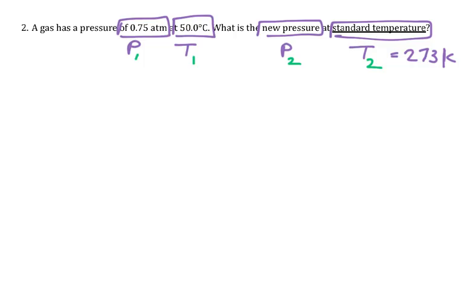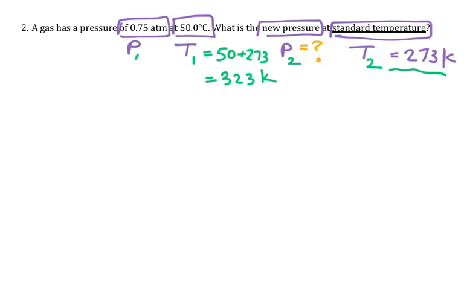We need to make sure our temperatures, anytime we're dealing with temperature, we have to make sure they're in Kelvin. So T1 is gonna be 50 plus 273 because we need to get that to Kelvin. So that's 323 Kelvin. And I can go ahead and grab my equation with that.